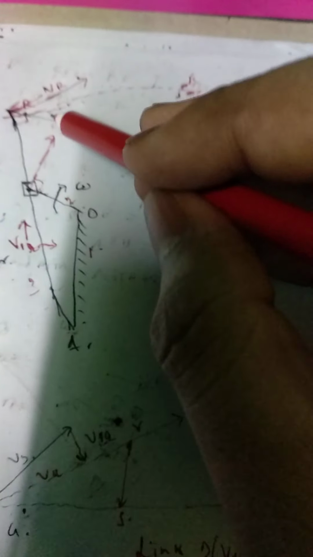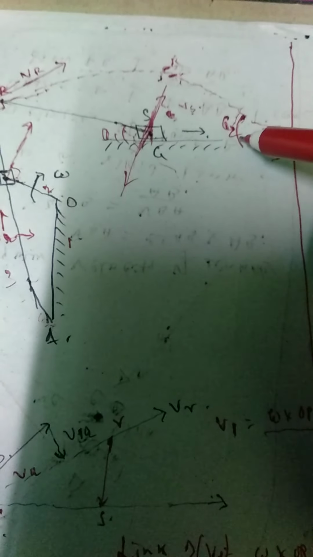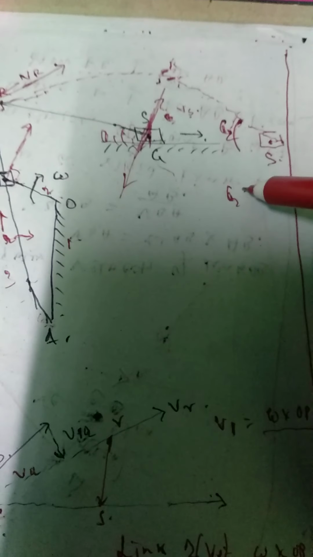So when the slider is at this position and the link is at this position, suppose the angle is theta 2, and at the initial position, at this instant, the angle is theta 1. So theta 2 is greater than theta 1.